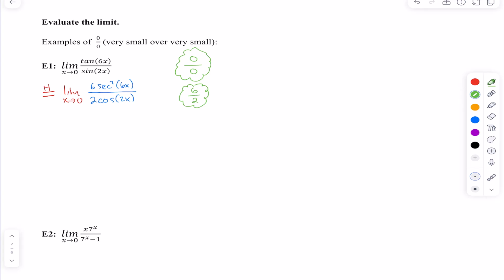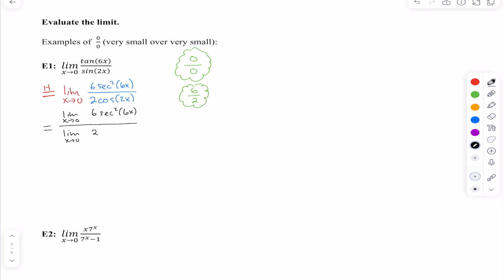6 over 2 is a determinate form, and that means you could actually write limit laws. You know, you're 2 steps ahead anyway. So why don't we do that? We can go ahead and write a limit law because you know the limits do exist.